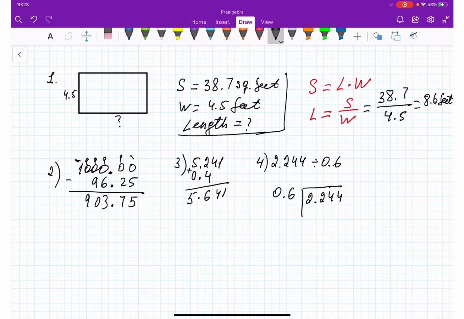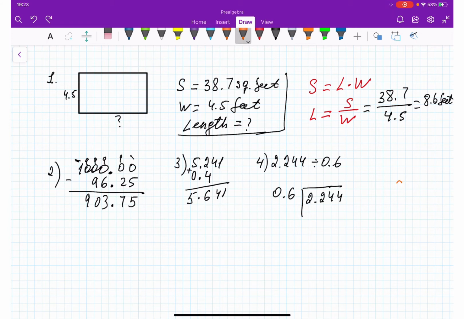The thing is, we cannot divide by a number with decimal notation like this one. So what I'm going to do, let me explain to you here with some drafting.